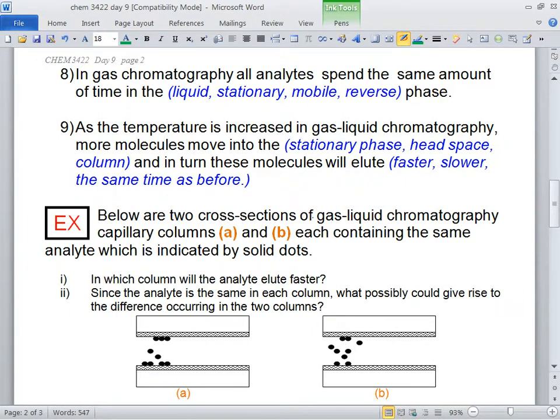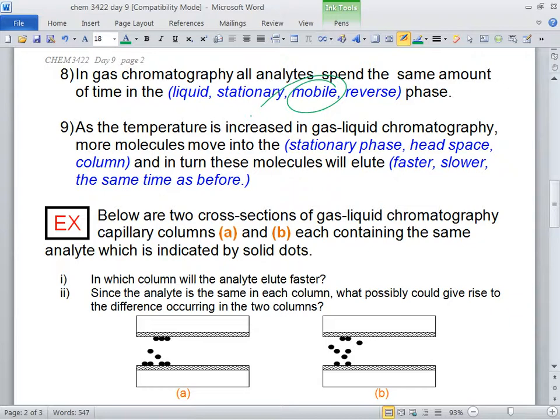Andy, in gas chromatography, all analytes spend the same amount of time in the mobile phase. Andrew, as the temperature is increased in gas liquid chromatography, more molecules move into the column? Stationary? Would it be the headspace?